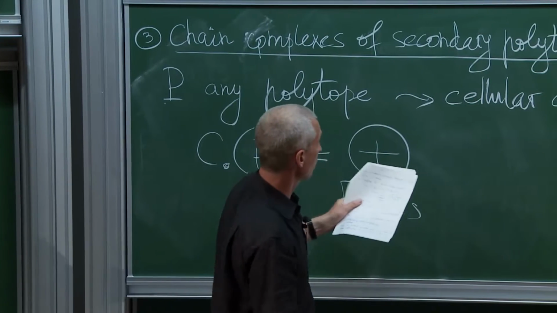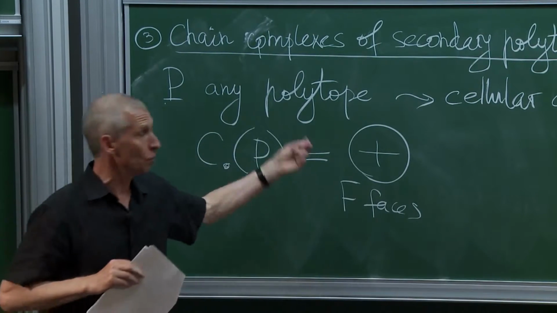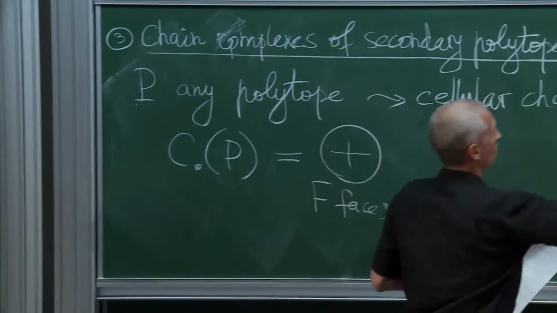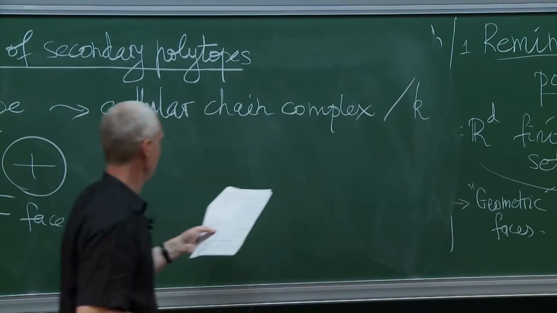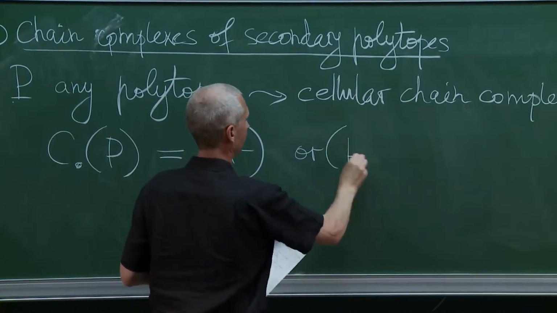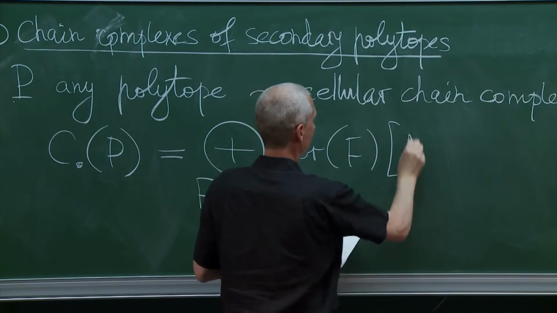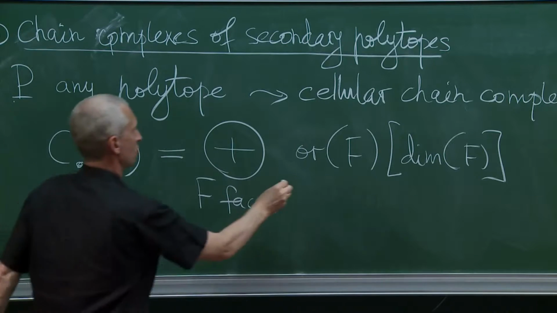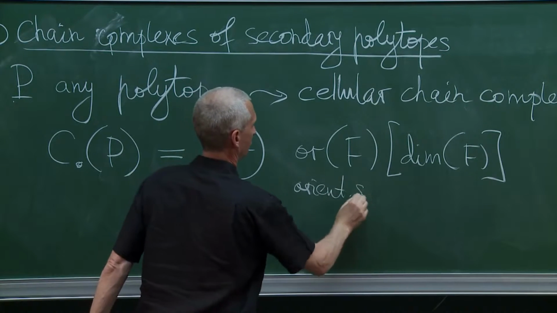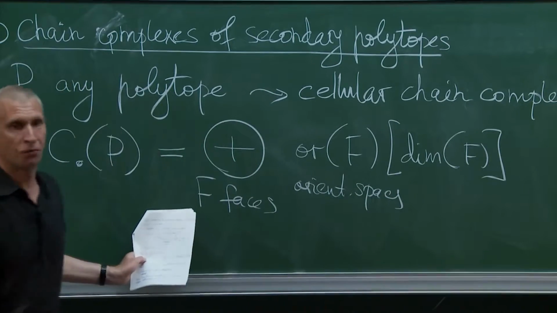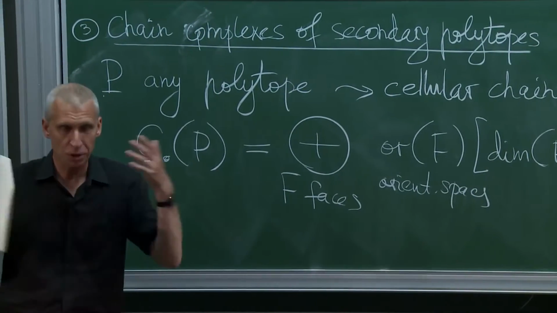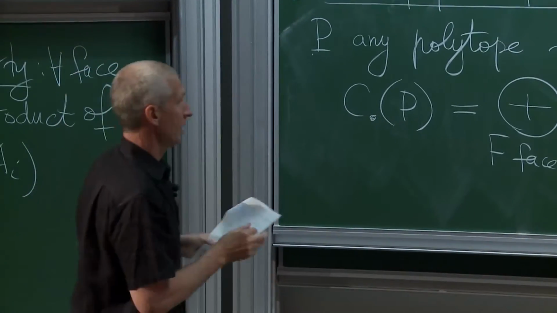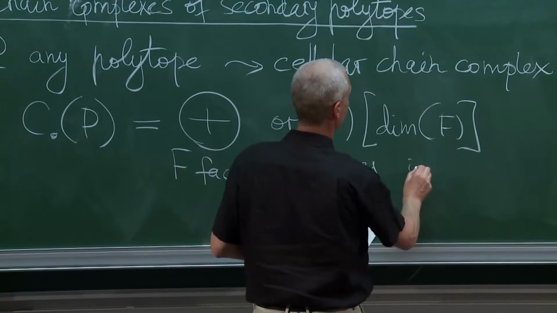Strictly speaking, the corresponding summand is the orientation space. So let's say we work over a field K. Here we have the orientation space of F, shifted by the dimension of F, over all faces, which is just the most naive thing that is studied in the elementary courses of combinatorial topology. And so this means in degree minus the dimension of F.